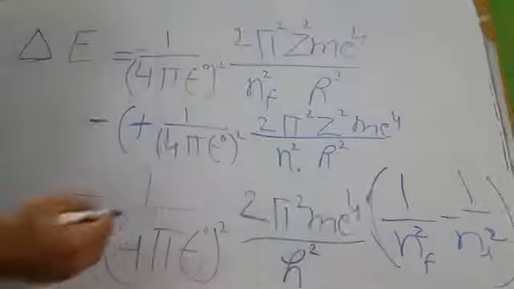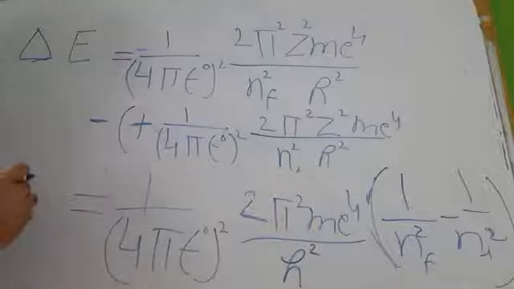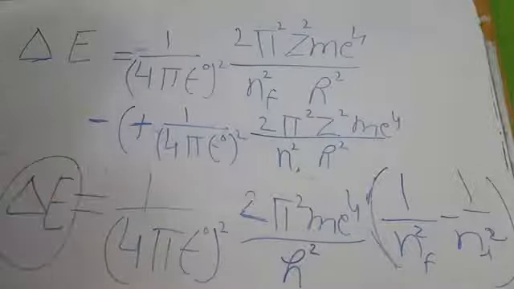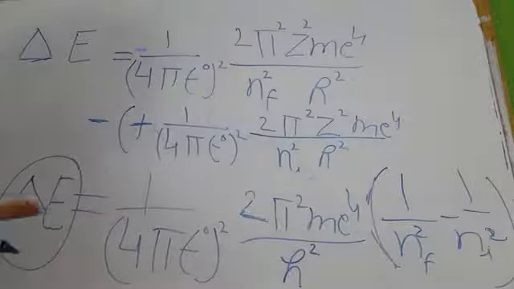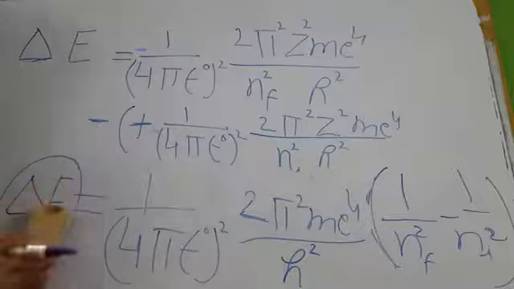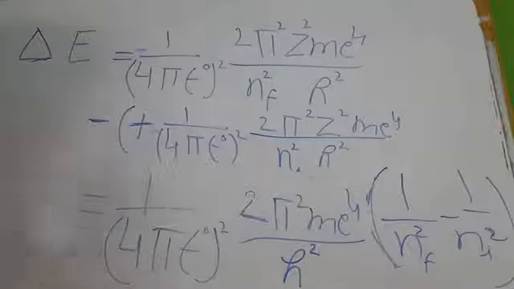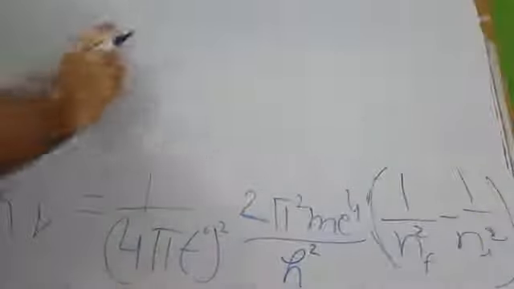Here this is equal to delta E, and this delta E is emitted in a single photon, which means this is h nu. Let us further simplify that.